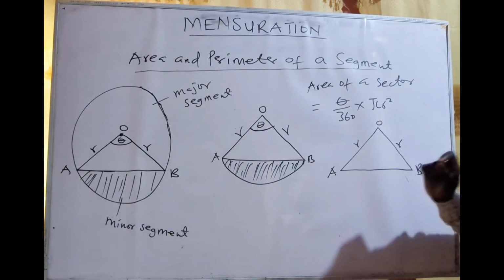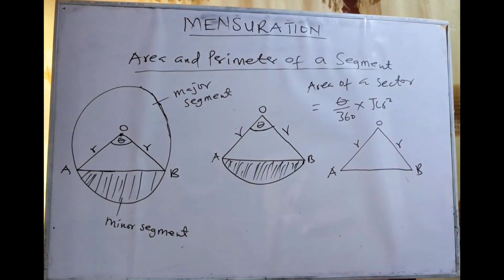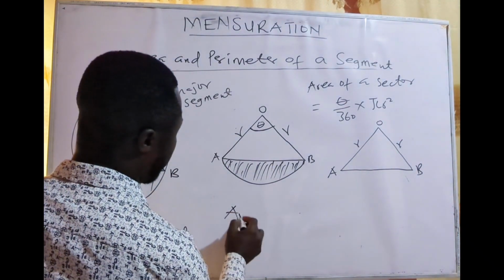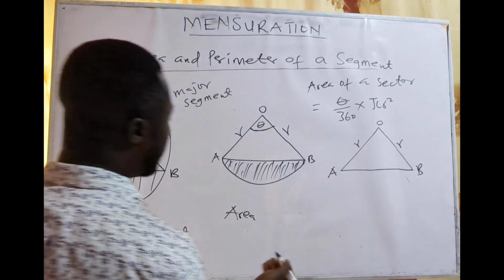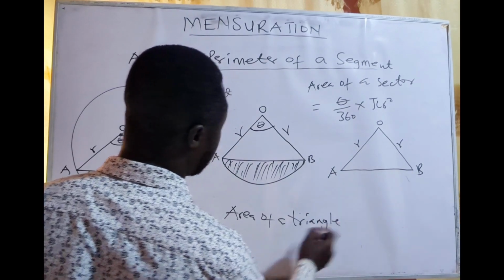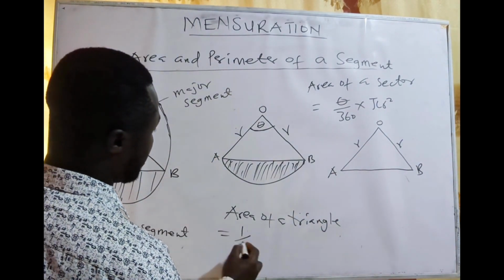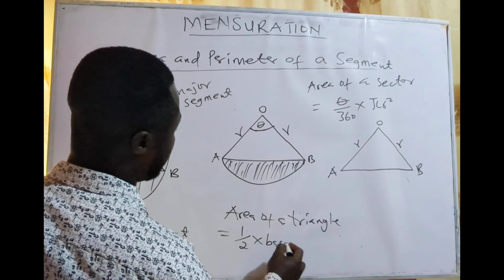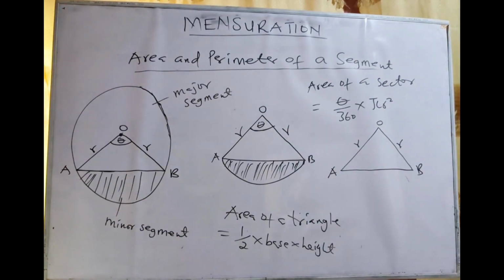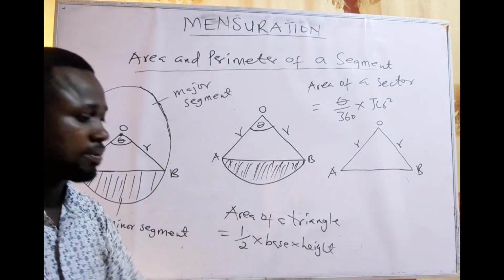What is left is the area of the triangle. We all know from our basic education that the area of a triangle is half times the base times the height of the triangle. So the area of a triangle is half times base times height.